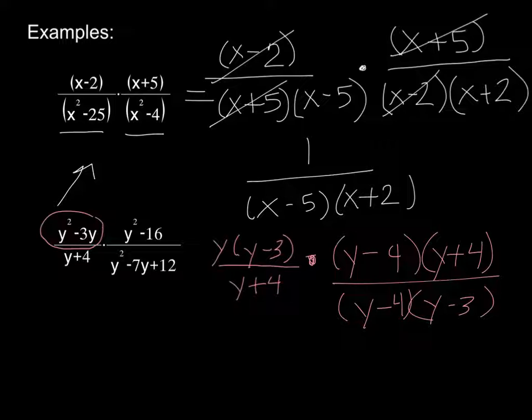So I factored everything, which is always my first step, and then I'm going to cancel like factors. So y minus 4 divided by y minus 4 is actually 1. Y minus 3 divided by y minus 3 is also 1. And y plus 4 divided by y plus 4, and our result here is just y.